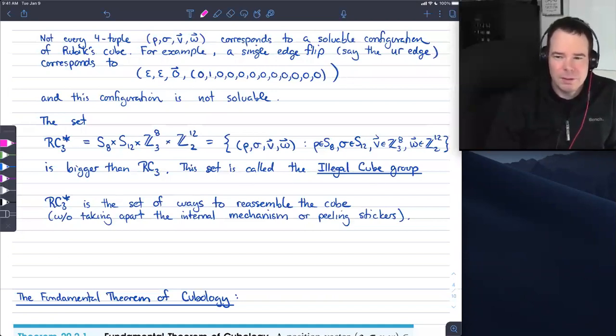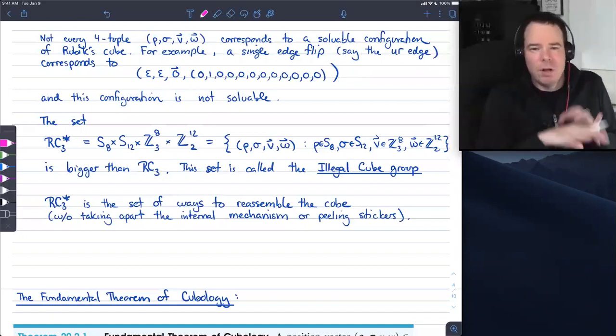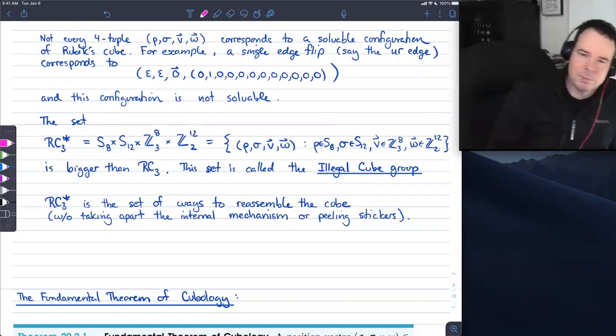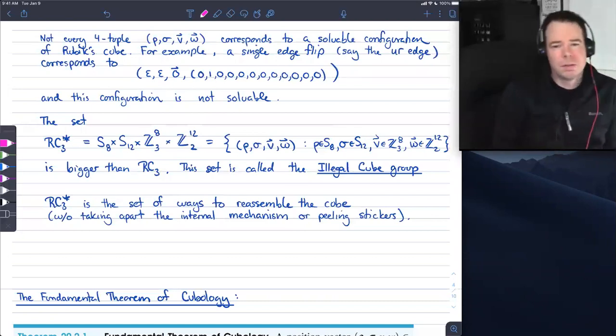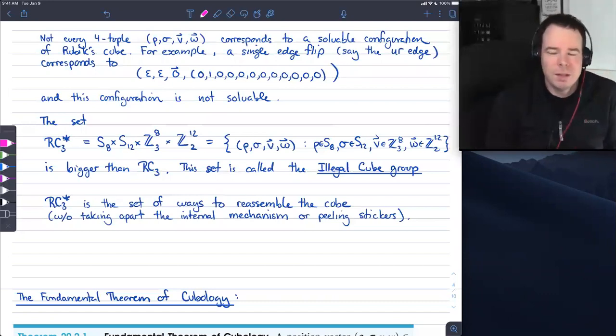So that means considering the collection of all possible four tuples might be interesting because it's only a subset of those that are actually solvable. So that's what I form here. I form what I call RC3 star, with the star up there. And this is called the illegal cube group.